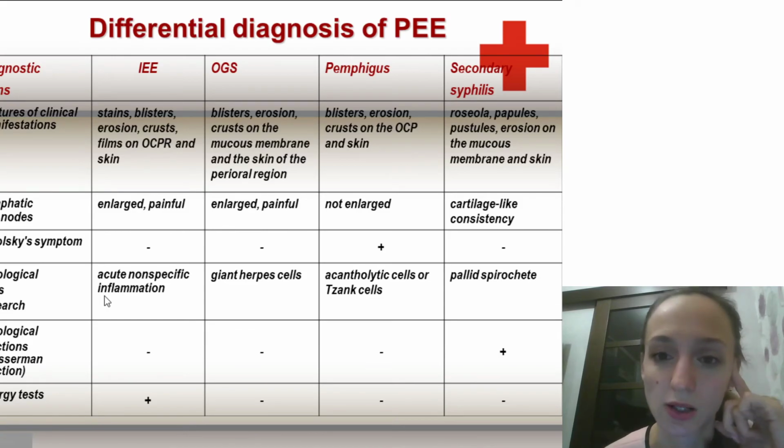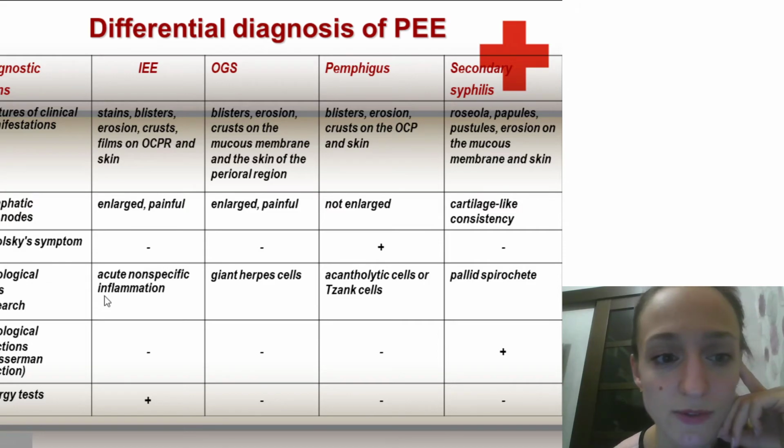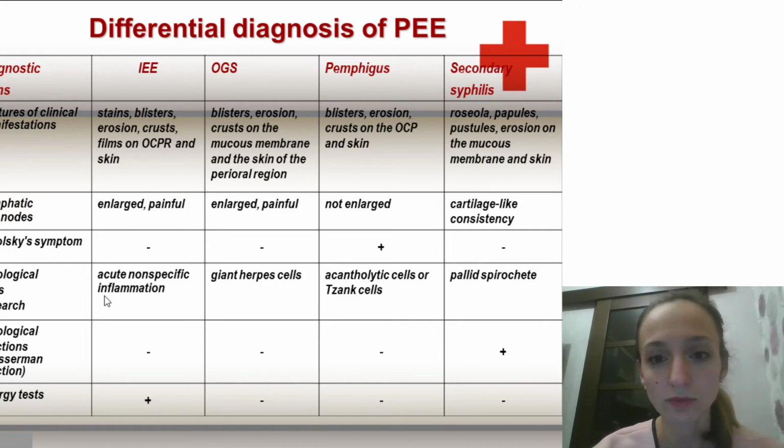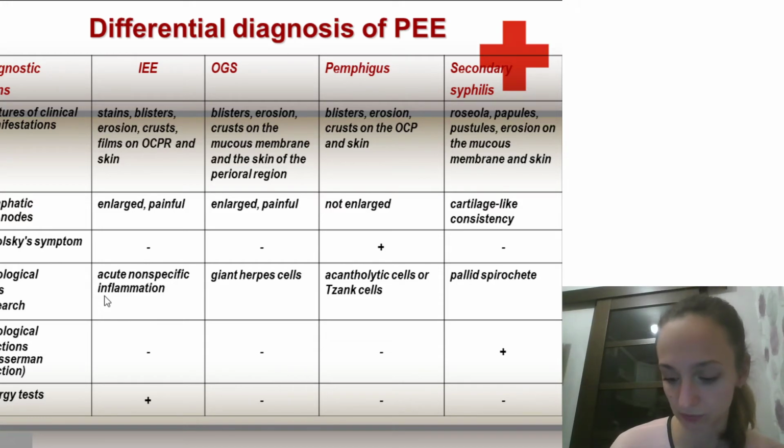And differential diagnosis. Features of clinical manifestations. Then lymph nodes, Nikolsky symptom, cytological research, and serological reaction, and allergy tests. You should write this table in your synopsis.